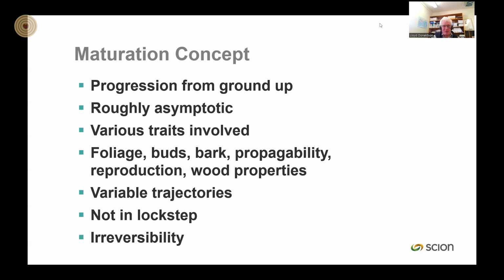In this behavior, various traits, including wood properties, do have somewhat variable trajectories, so they don't all vary in lockstep. And importantly, maturation is essentially irreversible except during the process of seed production, in which the maturation state is effectively reset to zero.